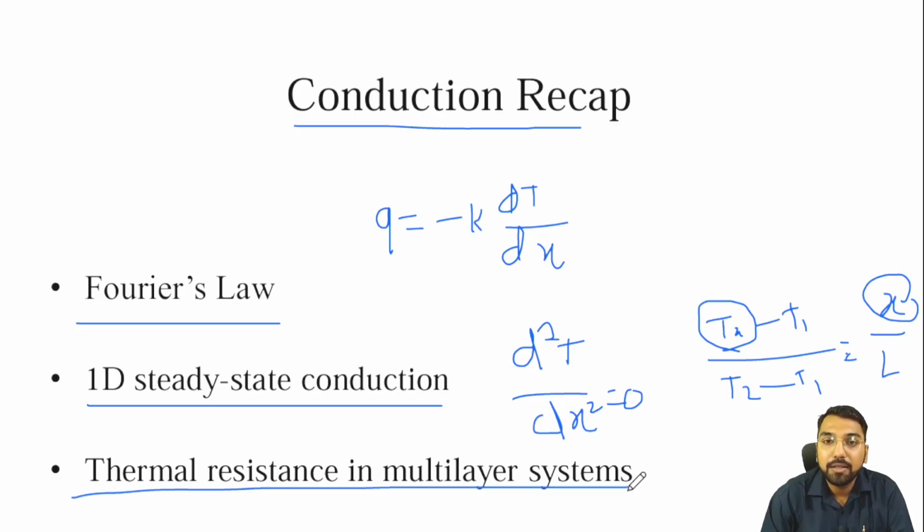In parallel, the total resistance is a reciprocal: 1/R total = 1/R1 + 1/R2 + 1/R3 + ... + 1/Rn. That is how we calculate the thermal resistance in a multi-layer system, whether series or parallel.